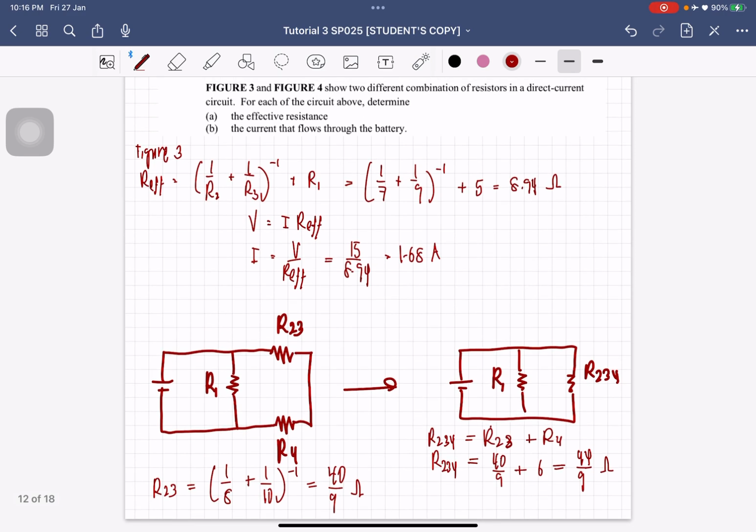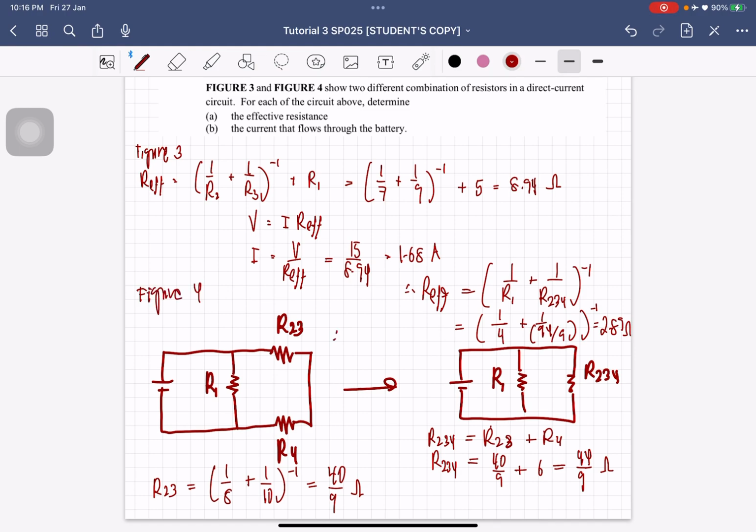Finally, the effective resistance is in parallel, so it's going to be 1 over R1 plus 1 over R234. So it is (1/4 + 1/(94/9)) to the power of negative 1, which will give you 2.89 ohm. So that is the effective resistance for figure number 4.